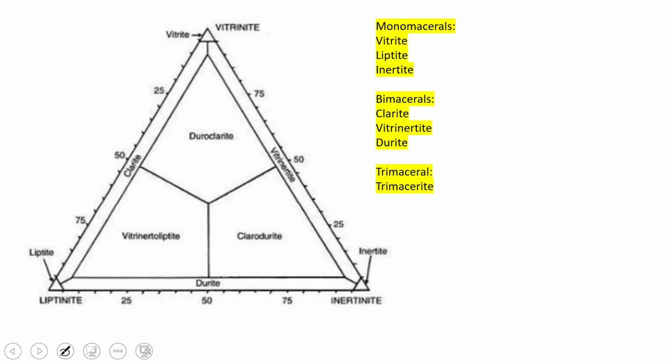So here, if we have 95%, it is called vitrite. Then similarly, 95% liptite and then 95% inertite.